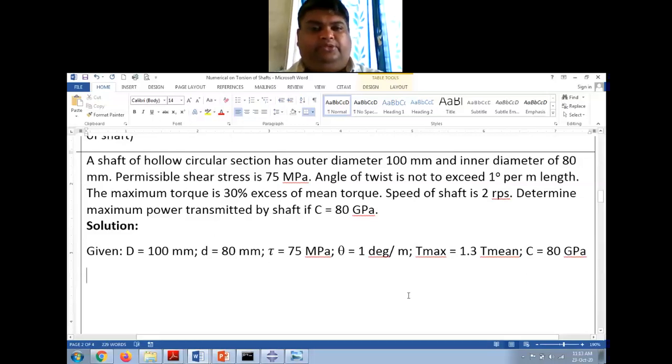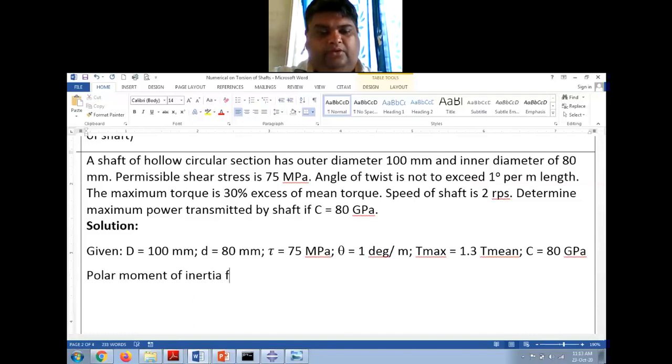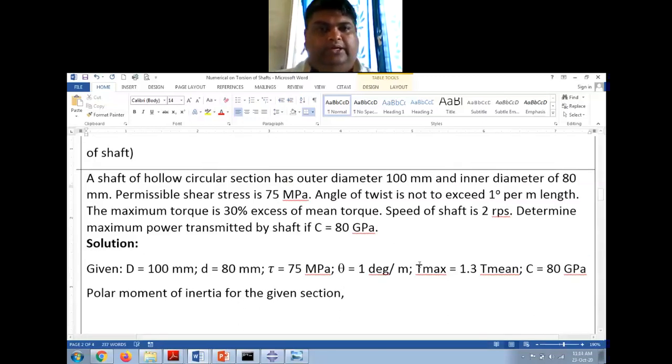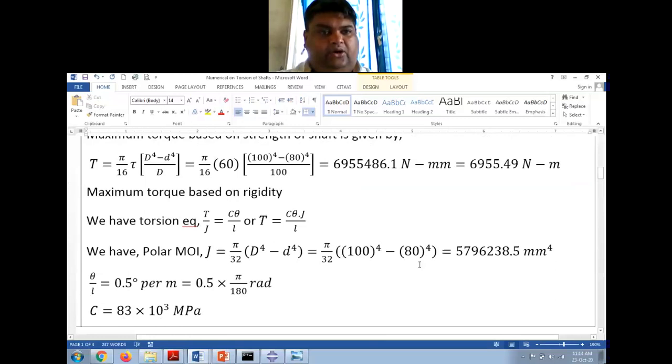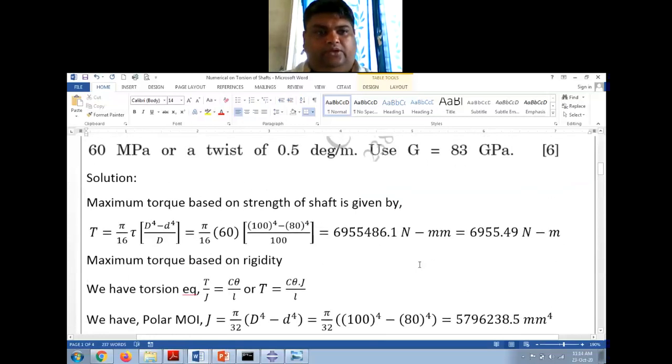Okay, let us proceed. Now, first I will calculate the polar moment of inertia for the given section. It is a hollow section.